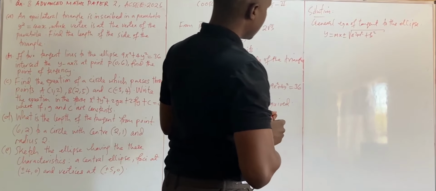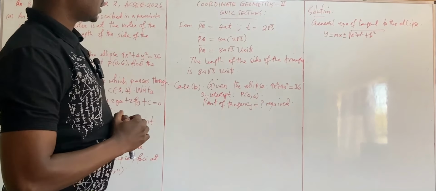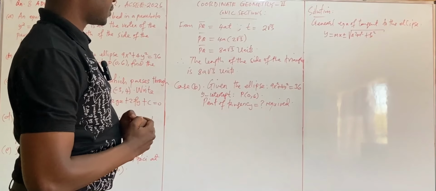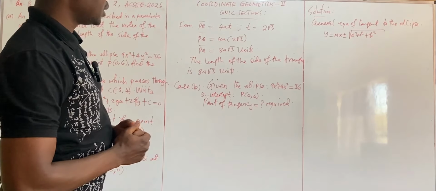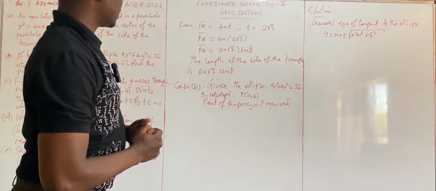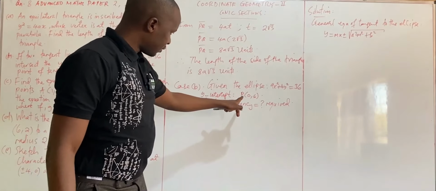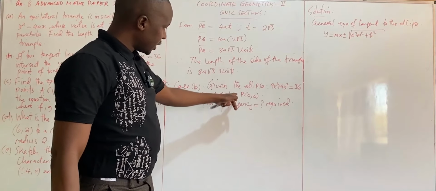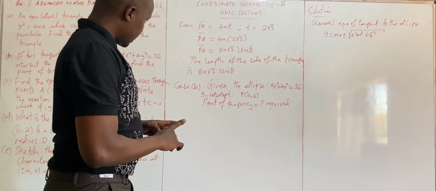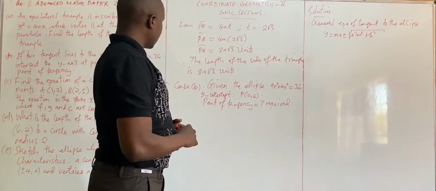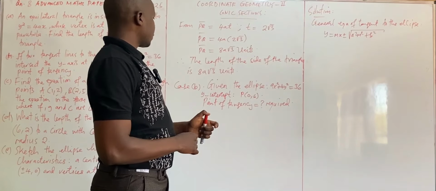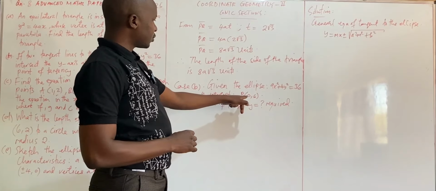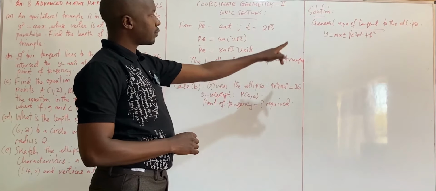So that is the general equation of the tangent to the ellipse. If that is the case, we need to know what a is, what constant b is, and x and y are provided because, very fortunately, we are provided with the y-intercept. We are told that these tangent lines intersect the y-axis at the point P, that is (0, 6). So this will represent the x and y from there.